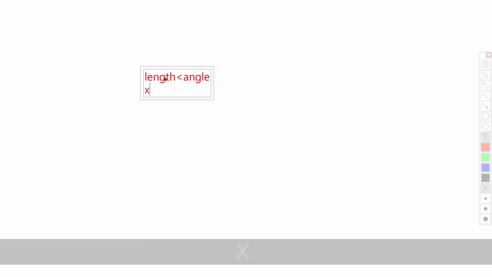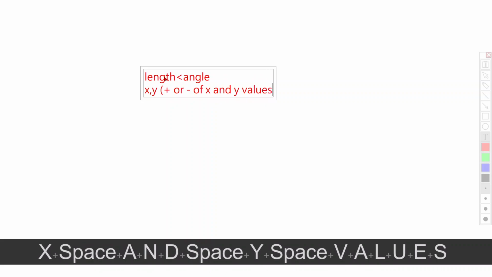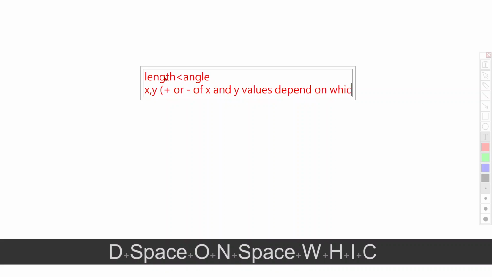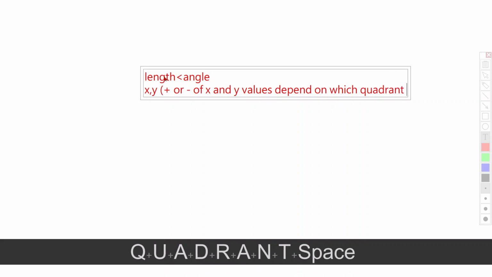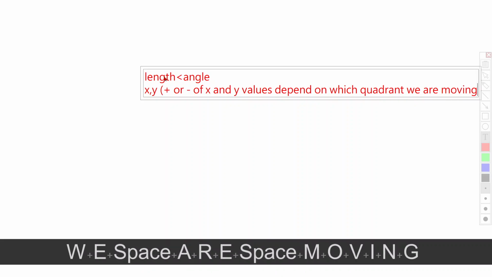When you give the coordinate inputs, it's nothing but x comma y, and whether the x and y values are positive or negative depends on which coordinate quadrant we are moving in.